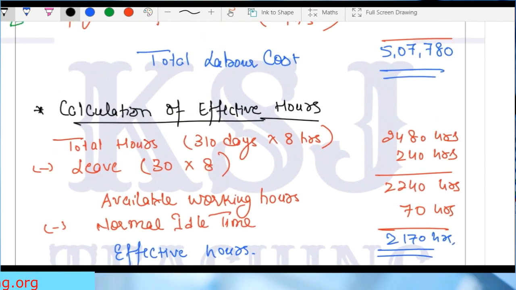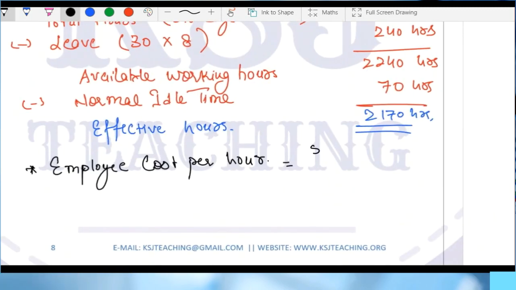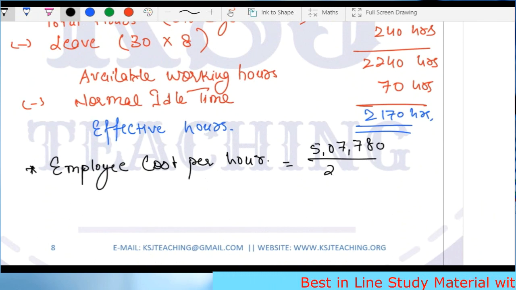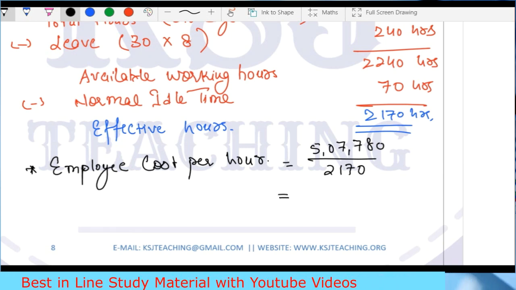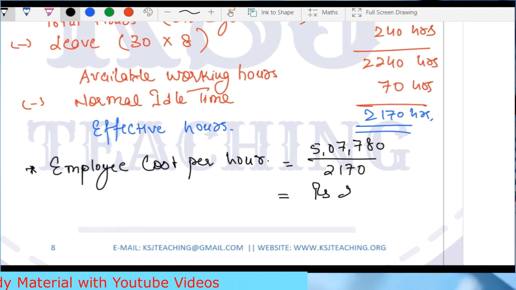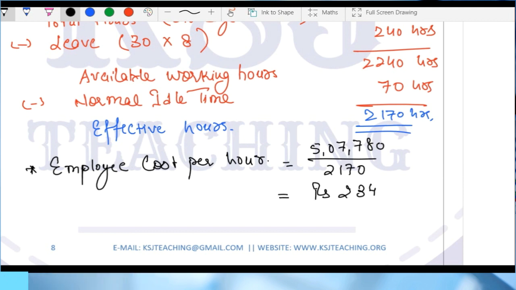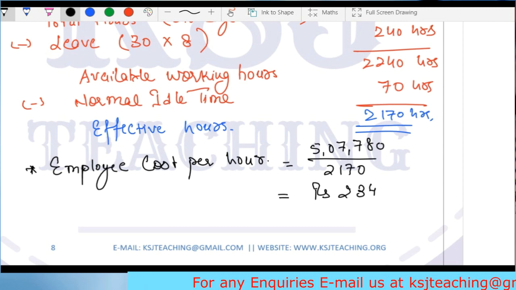Total cost is 5,07,780. 5,07,780 divided by effective hours, that is 2170. This comes to rupees 234. Right, we'll just calculate once. 780 divided by 2170. Yes, 234. That is the employee cost per labor hour.